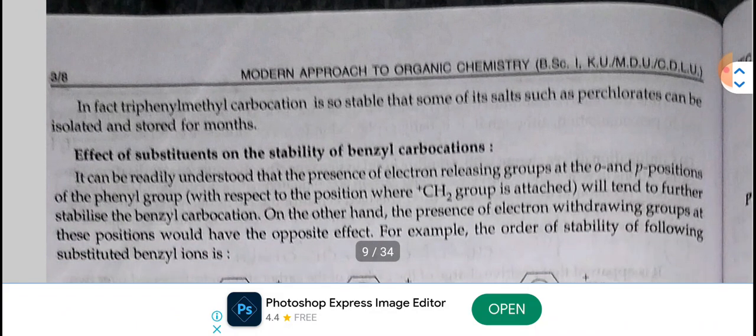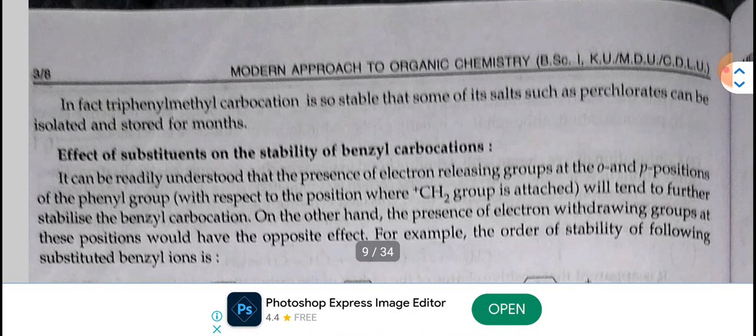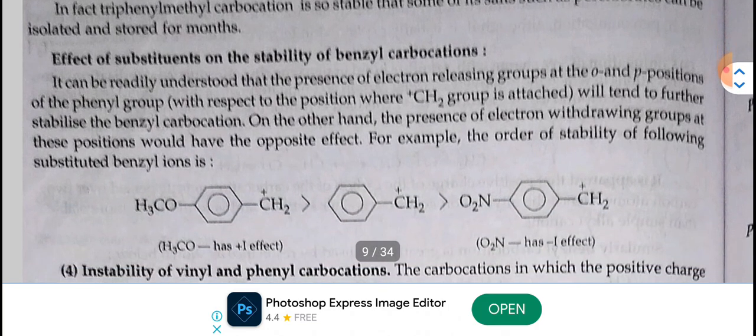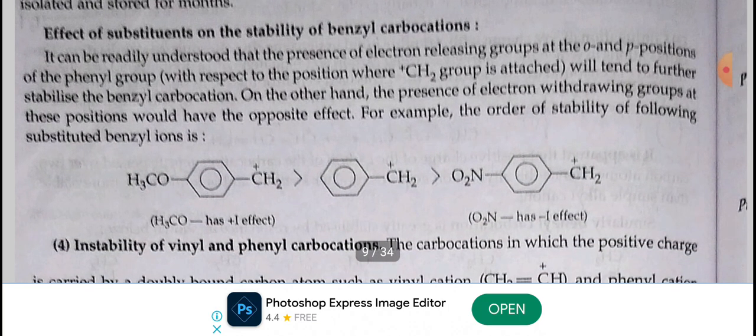In fact, the triphenylmethyl carbocation is so stable that some of its salts, such as perchlorates, can be isolated and stored for months.